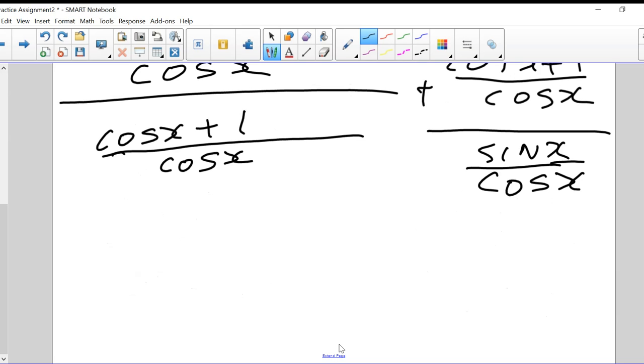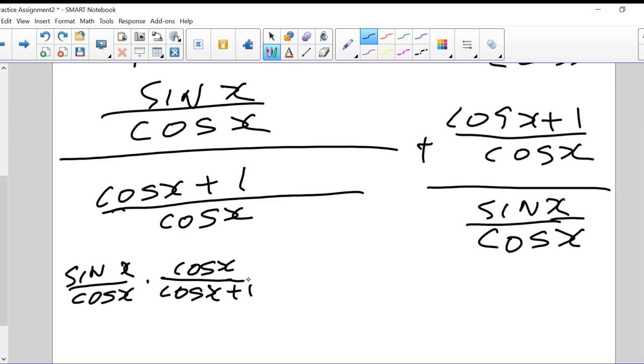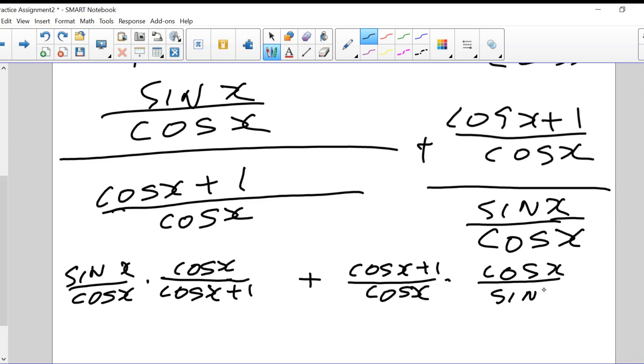So this is going to become sine x over cosine x multiplied by the reciprocal, cosine x over cosine x plus 1. That's for that one. And over here, it's going to be similar. It's going to be cosine x plus 1 over cosine x times cos x over sine x.